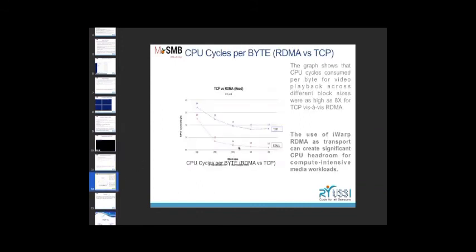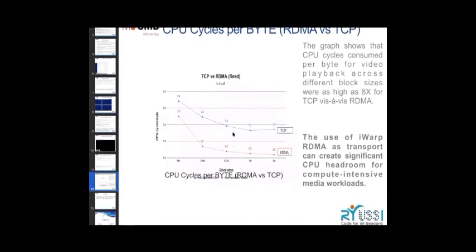Moving on, we also did one additional set of tests where we recorded the CPU cycles per byte over RDMA versus TCP. We used diskspd as the tool here, and we got the readings for different block sizes.